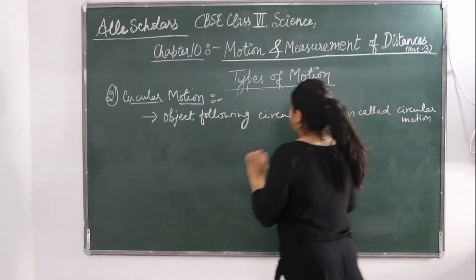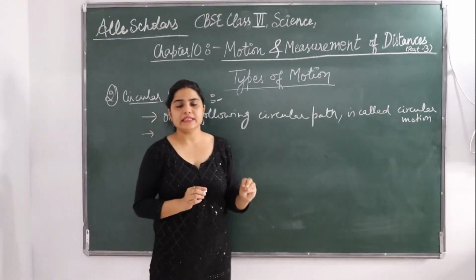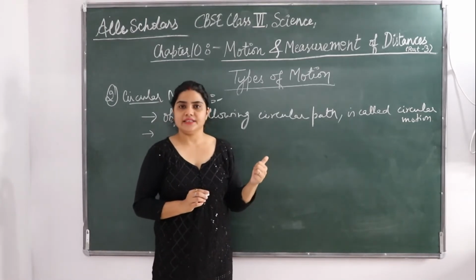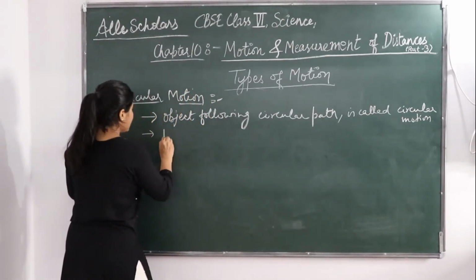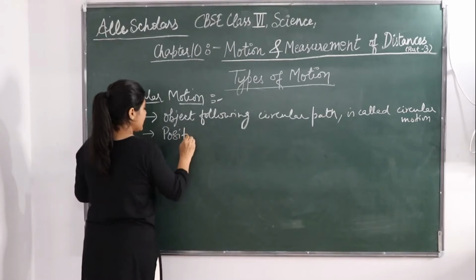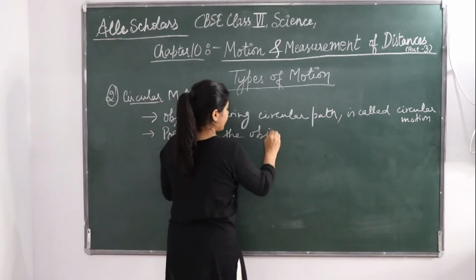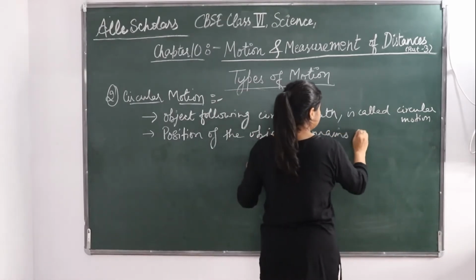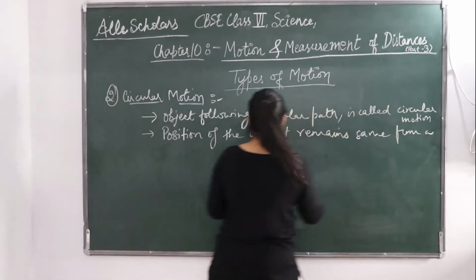Okay, the second very important point about circular motion is that in this kind of motion the position of the object remains at the same distance from a fixed point.